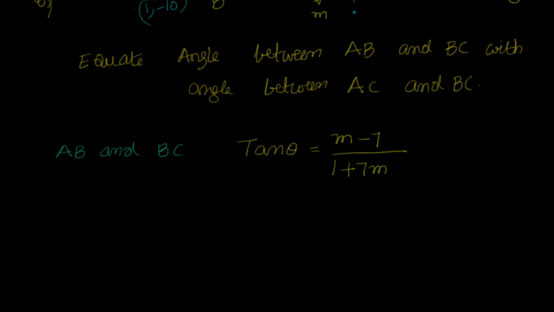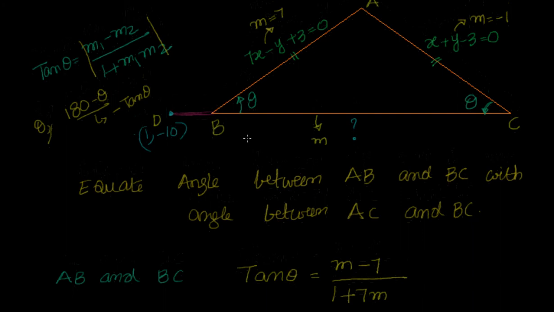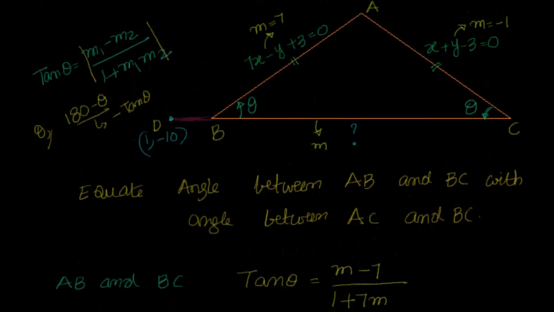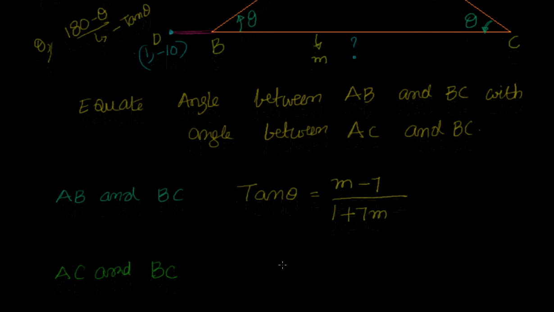Next, we go to the angle between AC and BC. I have to start from AC, then go to BC because we always measure anti-clockwise. So AC has slope minus 1.